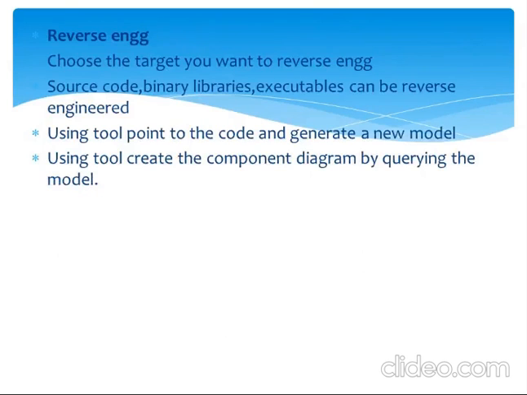Next, for reverse engineering, first of all, we have to select the target. Then we have to take source code, binary libraries, and executables as input. That is reverse engineering, bringing from code to model. So how do we get the model from code?